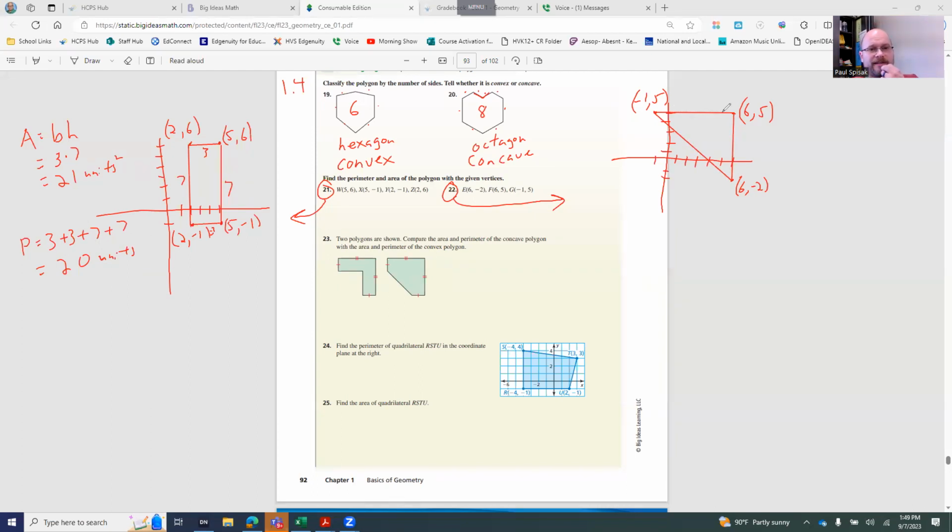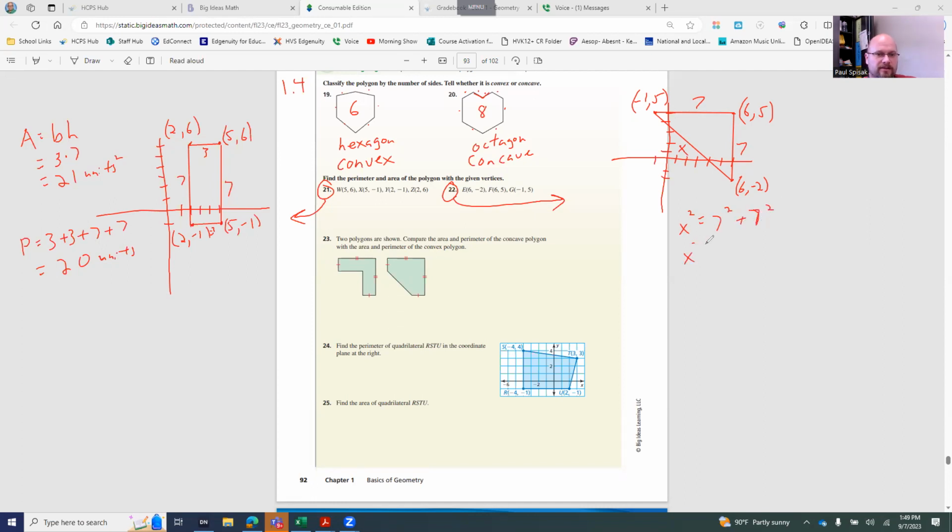So for the 2 dimensions that are horizontal and vertical, we have going from -1 to +6, difference of 7. From 5 to -2, also difference of 7. So we have the 2 legs. We need the hypotenuse here. You can use distance formula or you can use Pythagorean theorem. I recommend Pythagorean theorem. I'm going to call this x for now. X squared equals 7 squared plus 7 squared.